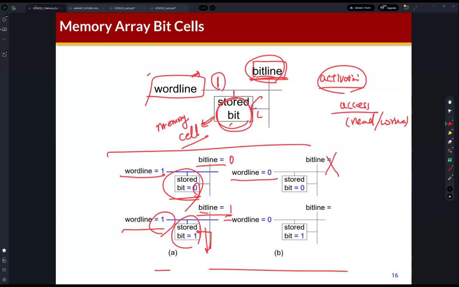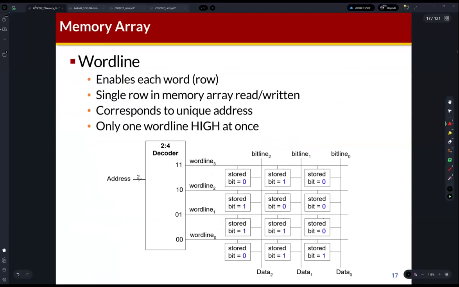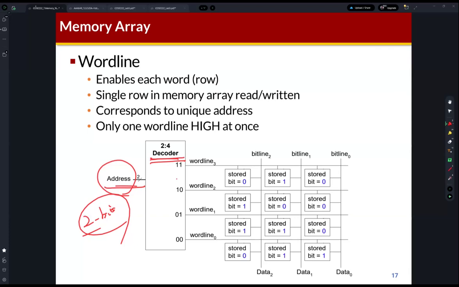There is a memory cell, and this memory cell is controlled by the word line, and pin 9 is connected to this memory cell. This is the entire view of the memory. You can find the decoder here. The address is given to the decoder, right? Because this address has 2-bit data, using this decoder we can generate the 4 word lines.